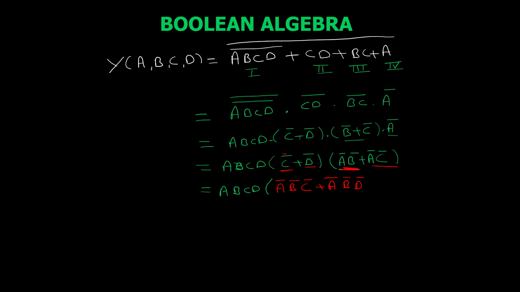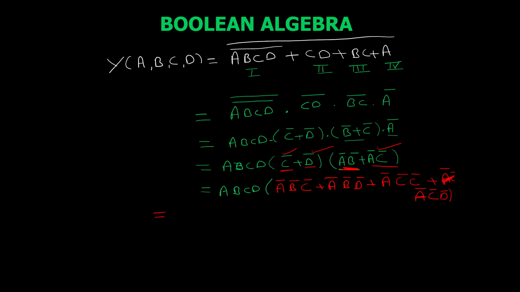This term with this, so you will get a bar, c bar, again c bar. This term with this, d bar, plus a bar, c bar. So I am writing this here, a bar, c bar and d bar, bracket close. Okay, clear?